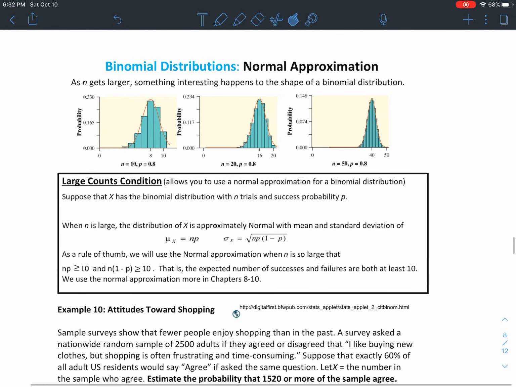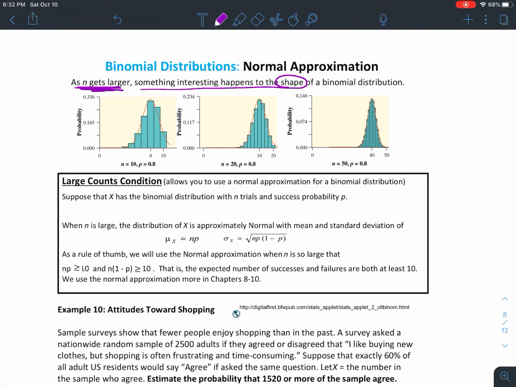Okay, the last page is where we're going to wrap up here, and this next page is going to tie in one other really important condition. In the previous video, we had learned about the 10% condition, and next here we're going to learn about something called a large counts condition. It says binomial distributions, something really interesting happens as your sample size gets larger.